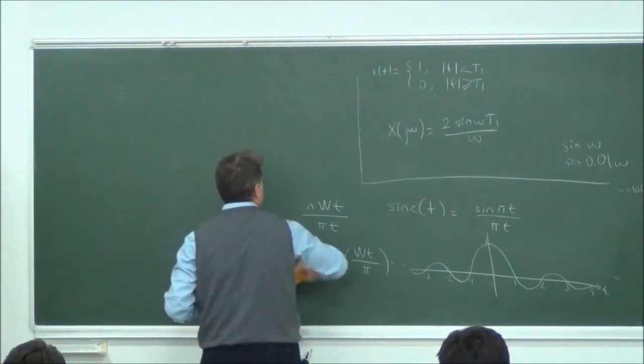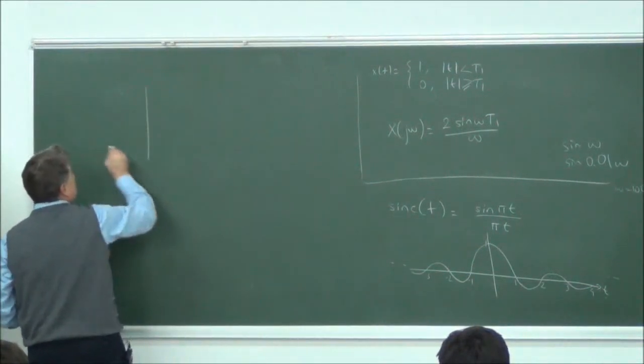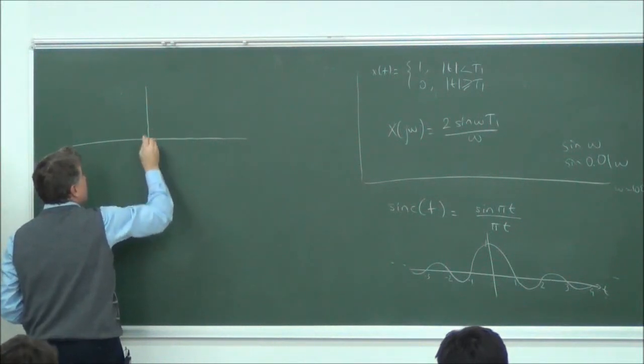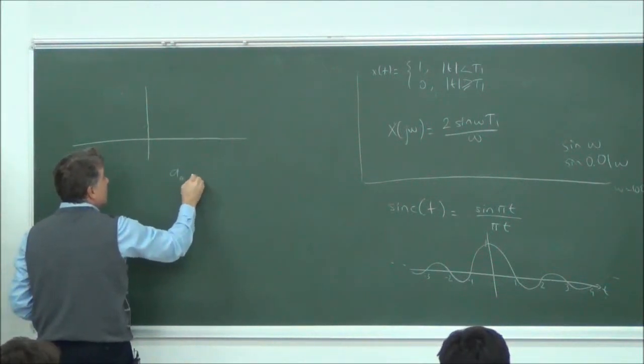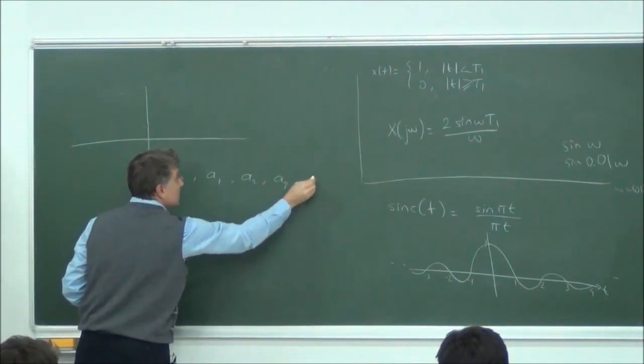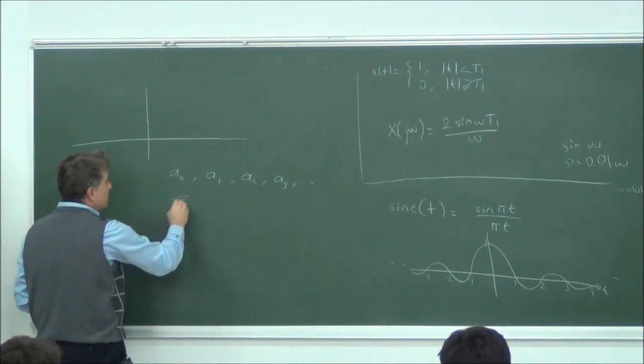Assume that you find a0, a1, a2, a3, etc. This is at omega equal to 0.